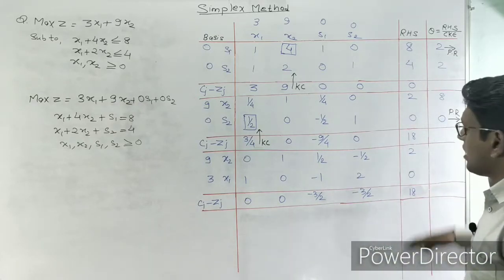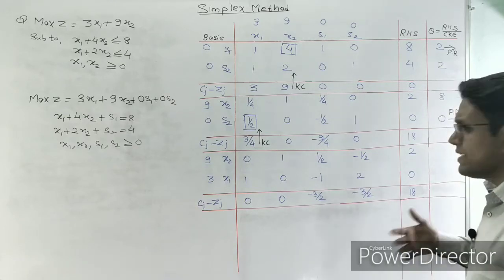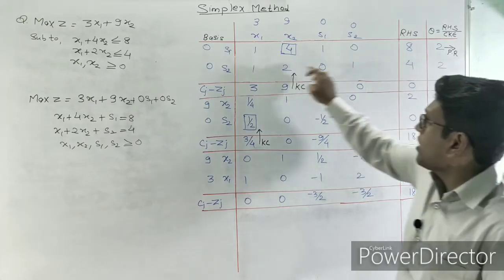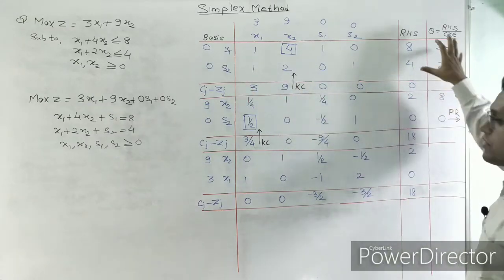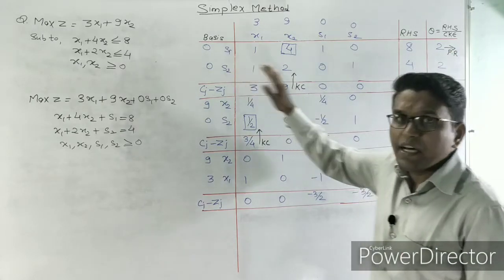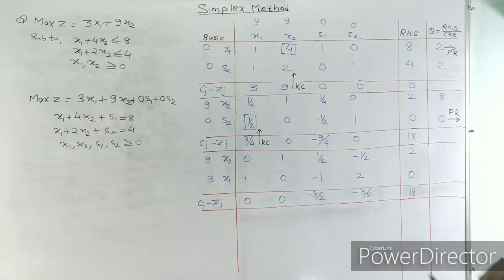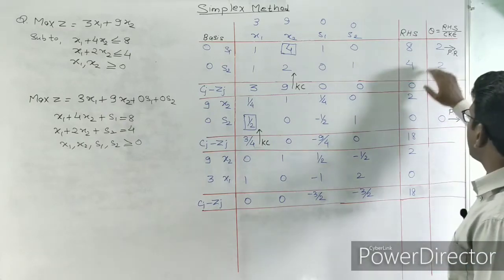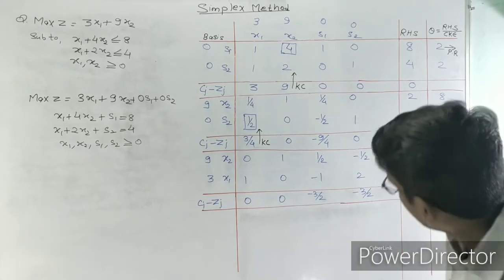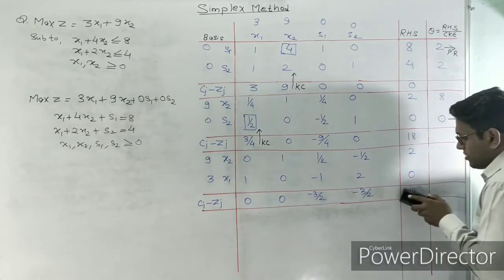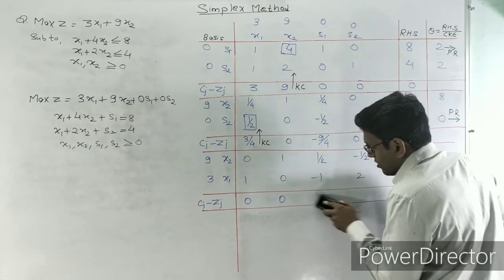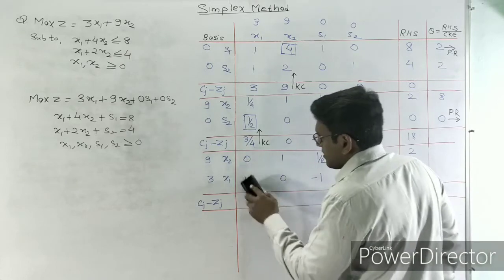Clear? Now let us understand what would have happened if we had selected this initially as the outgoing variable. In our first matrix we selected this as the outgoing variable arbitrarily, and now let us understand what would have happened if we had selected this. In order to see, let me erase these values so that we can analyze it.